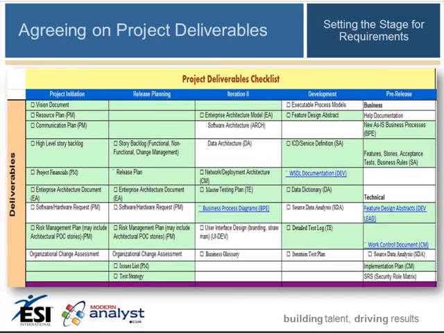And then in the development phase, we are grouping together a common set of deliverable documents that are used during every development iteration. So that could be iteration 1 through whatever number of iterations comprise the release. And then we have a pre-release phase and some needed documentation there. So you can see a number of documents listed in the checklist that are pretty typical of many projects you're currently working on.